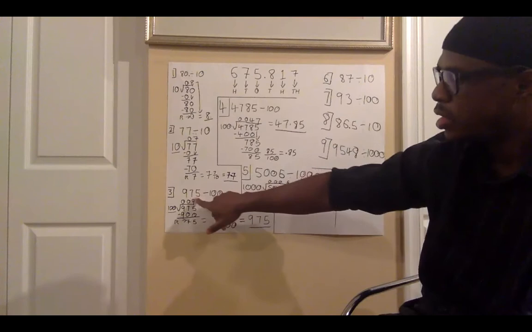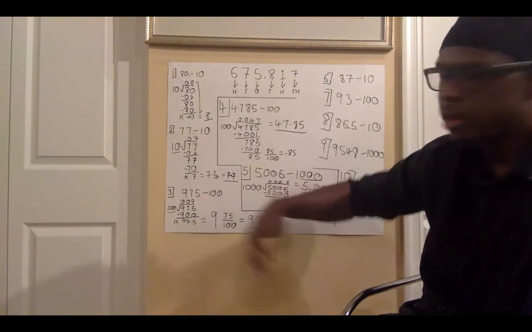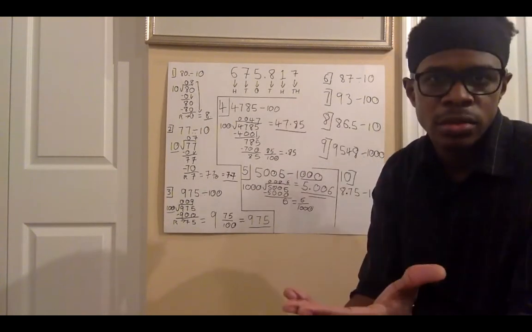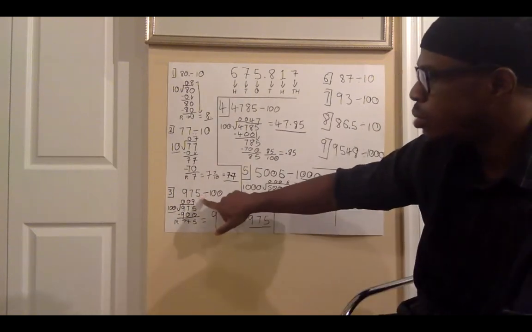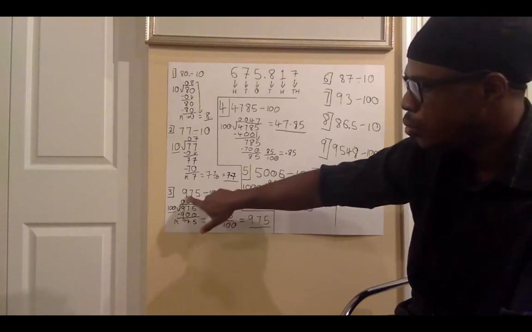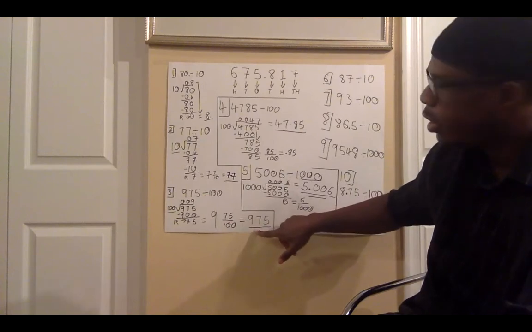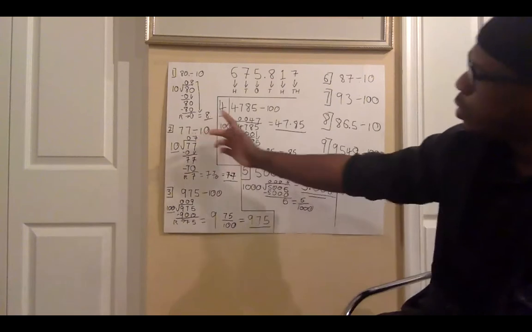So $975, even if there's no decimal there, I know it's assumed that it's 0 pennies. So it's going to be 975.0. Move it 1, 2 times. So our answer is 9.75.